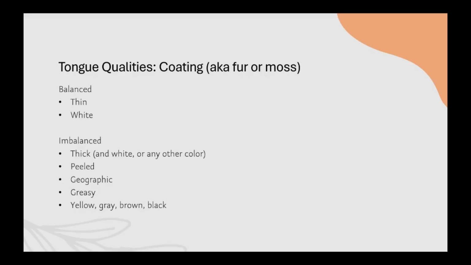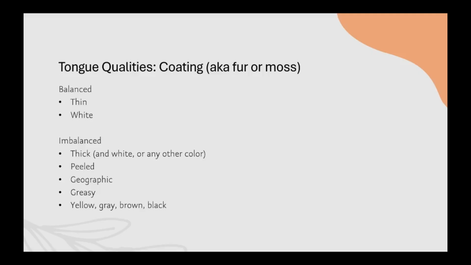And then coating, tongue coating, which also might be referred to as fur or moss. It's just the coating on the surface of the tongue, if there even is one. So in health, there will be a thin white coating.